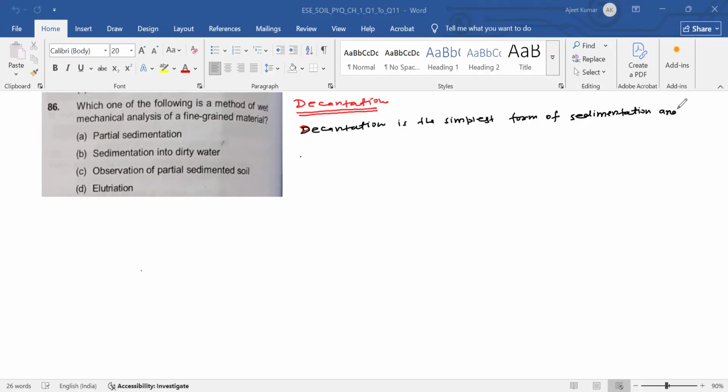It is a manual process of separation by gravity. It is a manual process of separating.